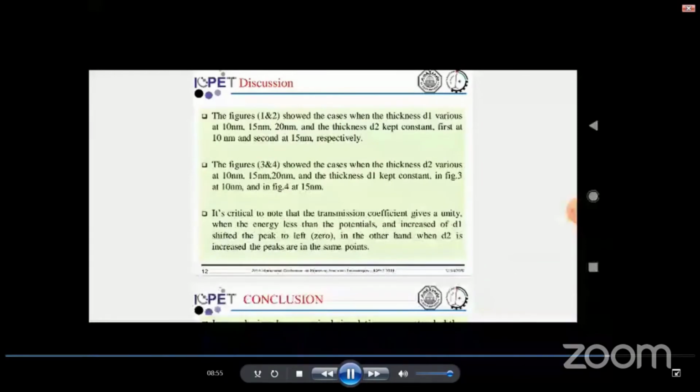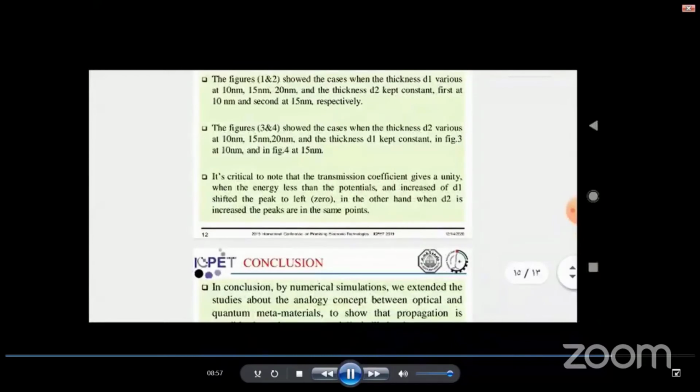It is critical to note that the transmission coefficient gives unity when the energy is less than the potential, and increasing D1 shifted the peak to the left. On the other hand, when D2 is increased, the peaks are at the same point.